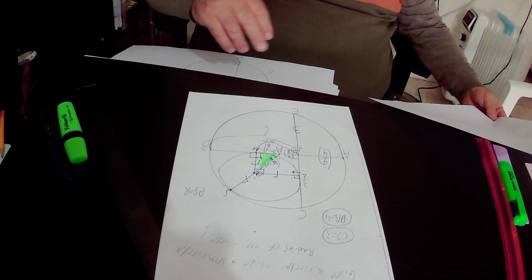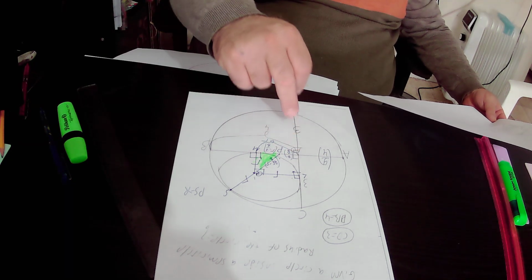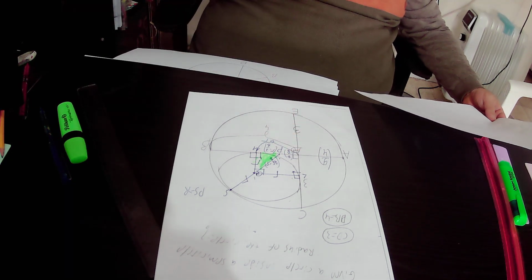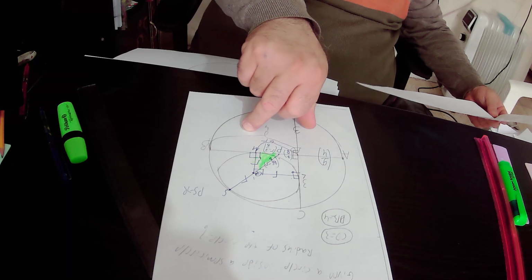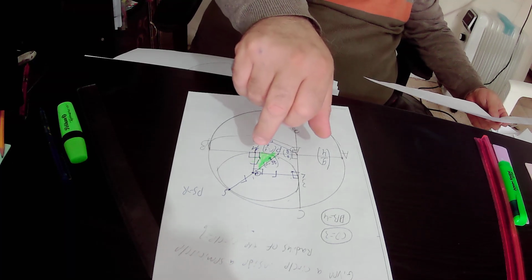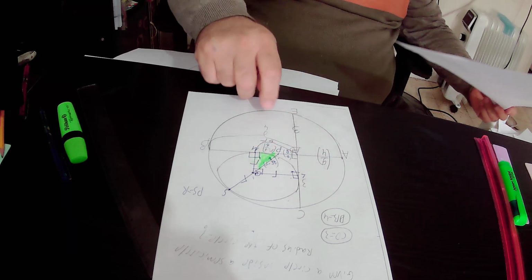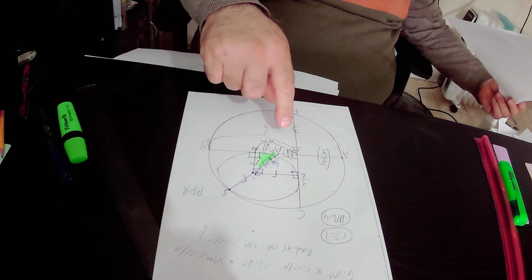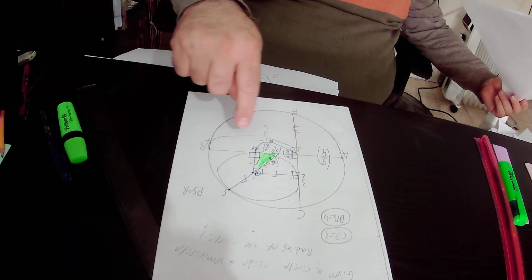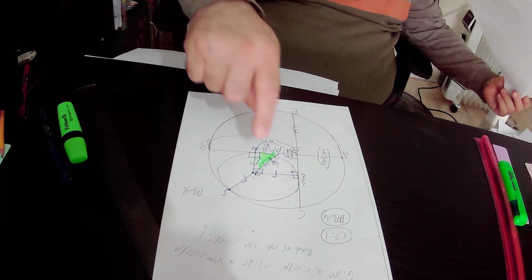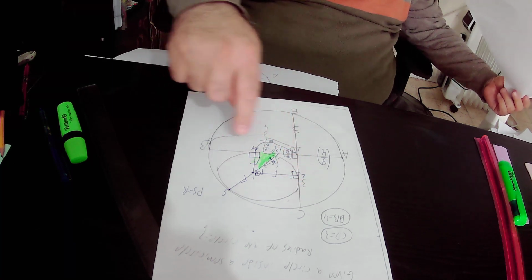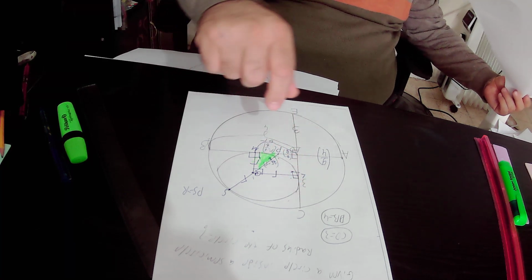And for that reason, we can say that CD equals DE by symmetry, because the semicircle that we created is a mirror image of the original semicircle, and angle EDB equals 90 degrees, exactly as angle CDB is also equal to 90 degrees.